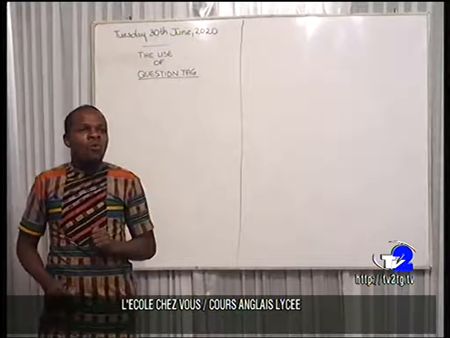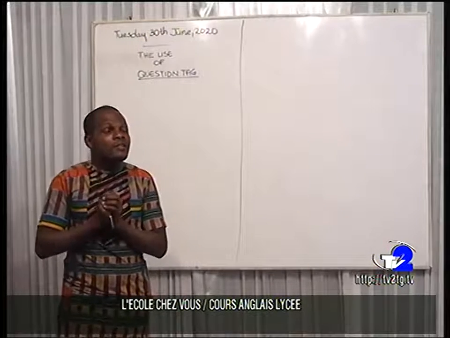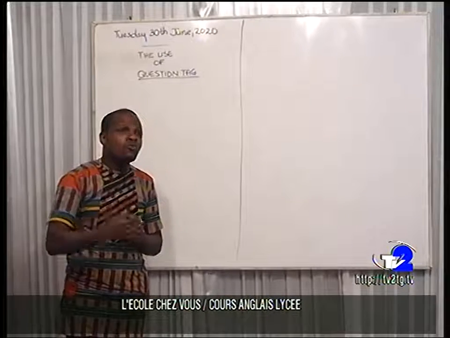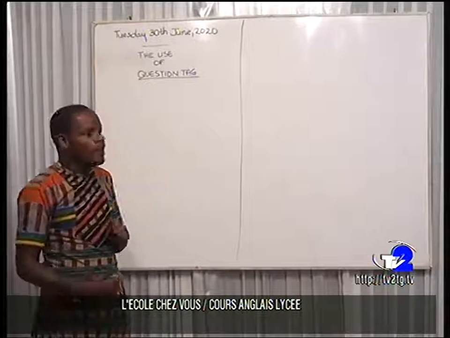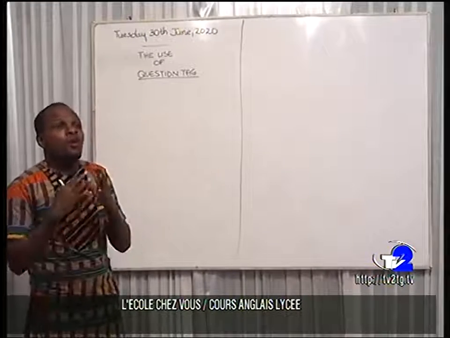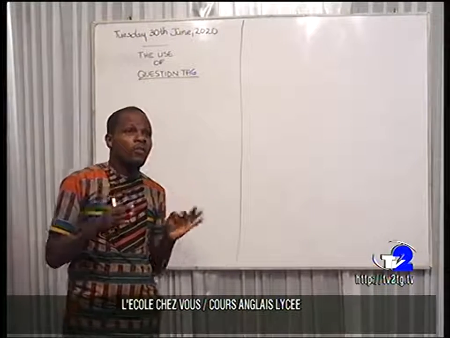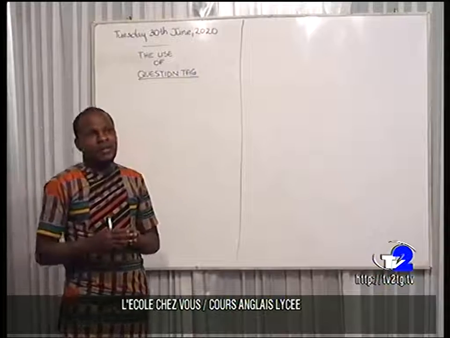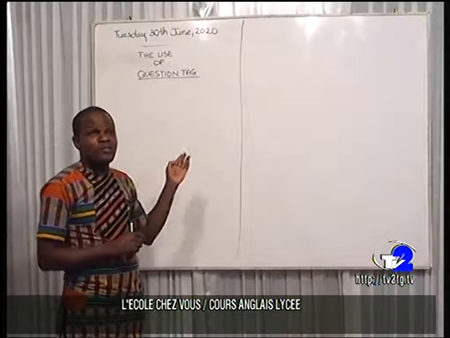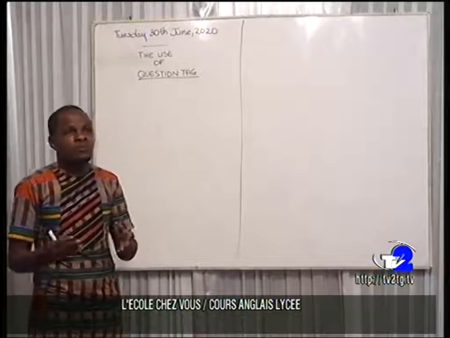Now, a question tag is not formed like any sentence. There are some rules we must go through. It is only by respecting those rules that you can form what we call the question tag. I have already answered that question, so allow me to quickly move on.